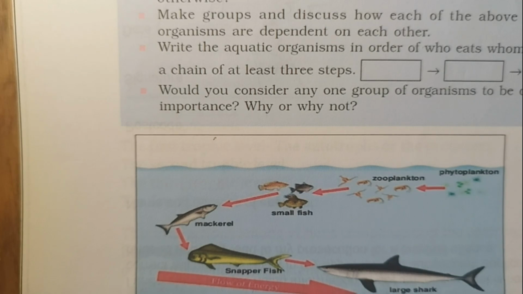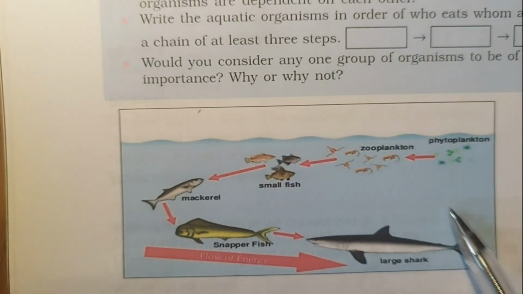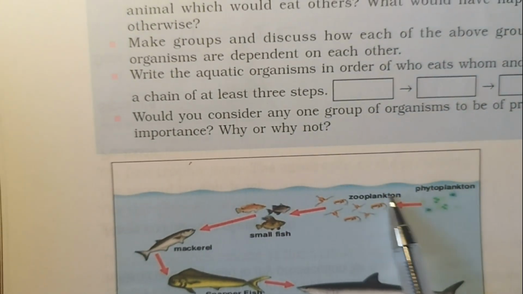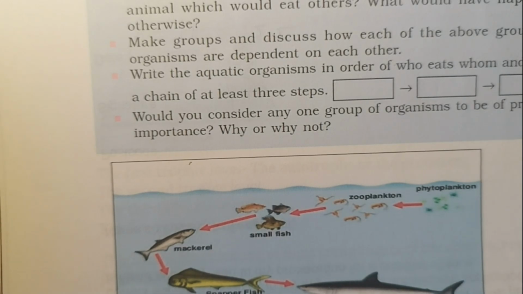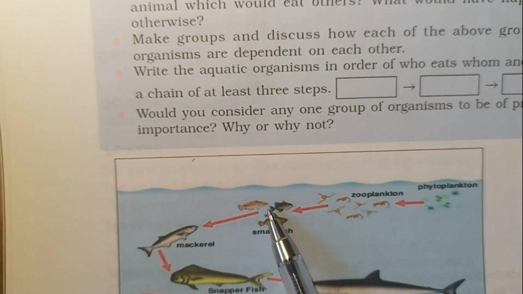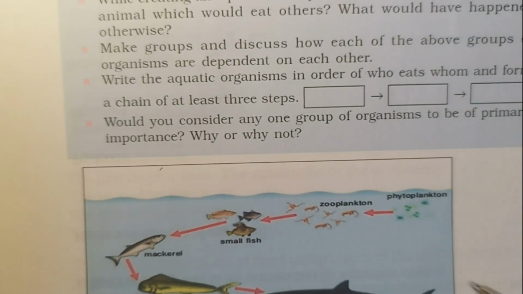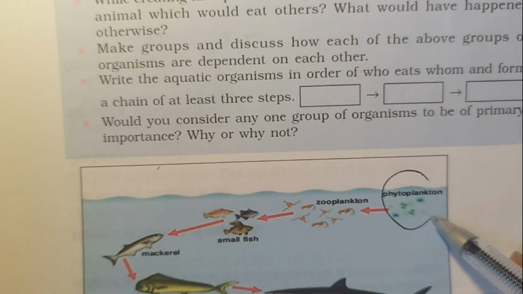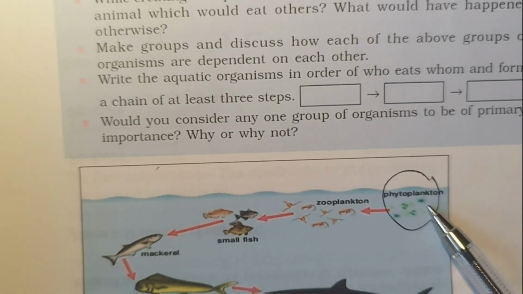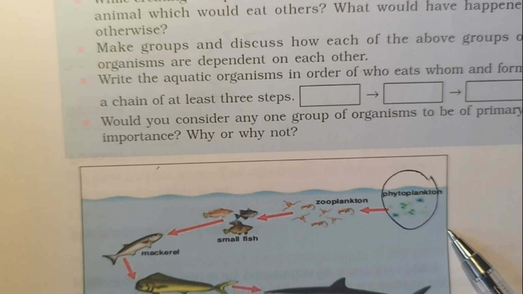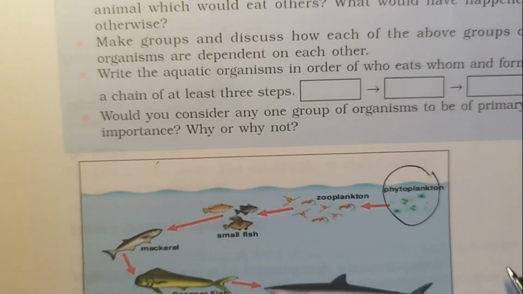Why and why not? So in an ecosystem, actually all the organisms are important, okay? And if one is removed, then that will disturb the ecosystem. So all are important, but the producers are more important. Remember, we've seen producers, consumers, and decomposers, okay?